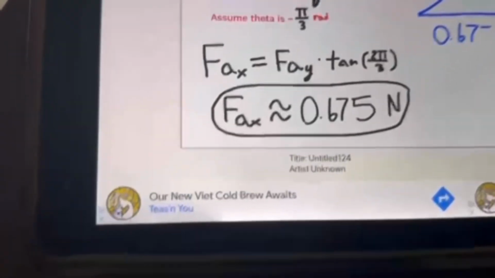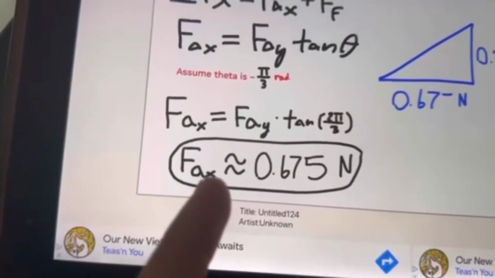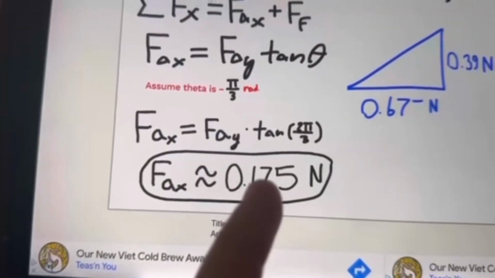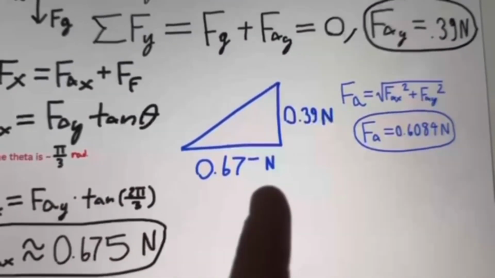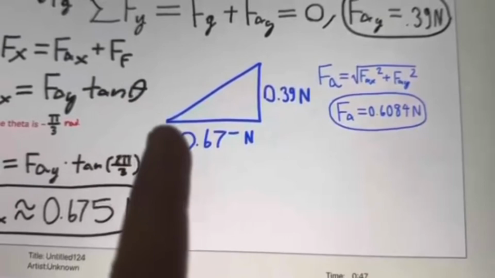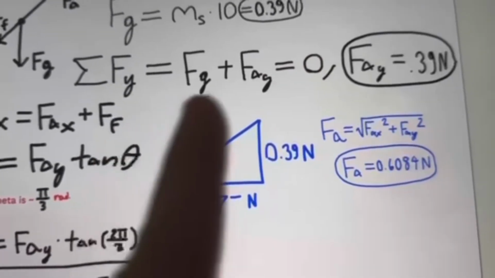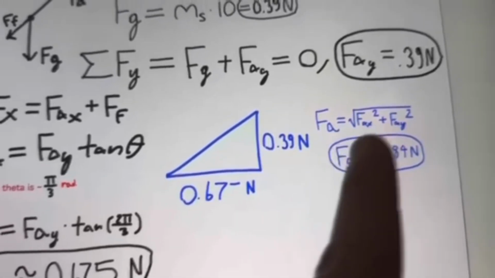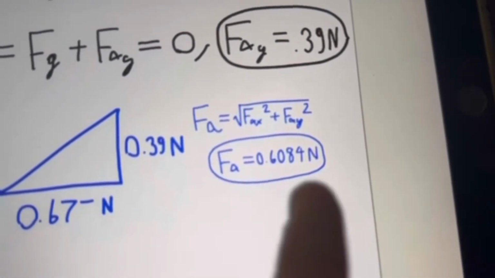Plugging that in and plugging in the value for Fay, I figured out that Fax would be around 0.675 newtons. Then, I didn't write the 5 fully here, but I used the Pythagorean theorem in order to discern what the actual applied force is, which would be equal to 0.6084 newtons, as specified here.